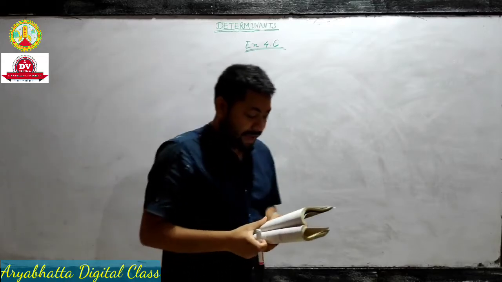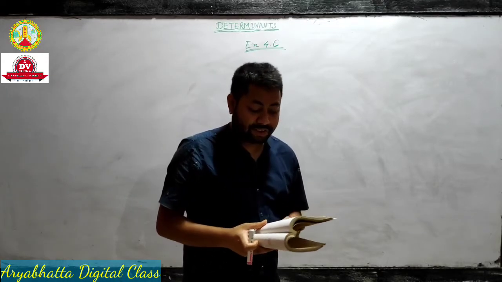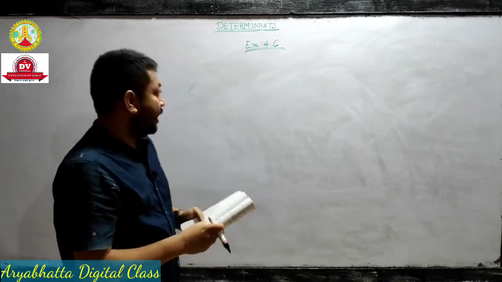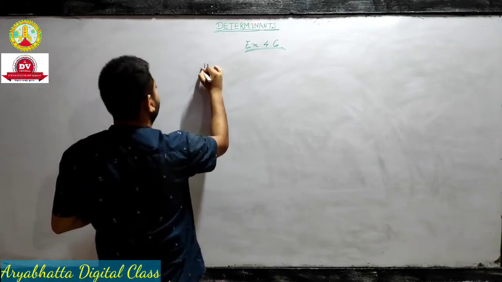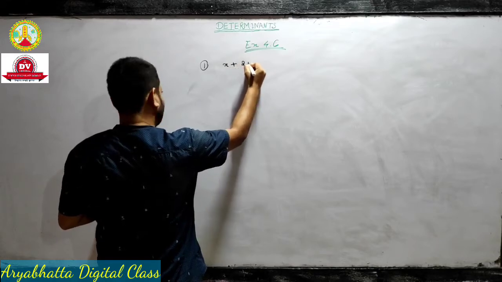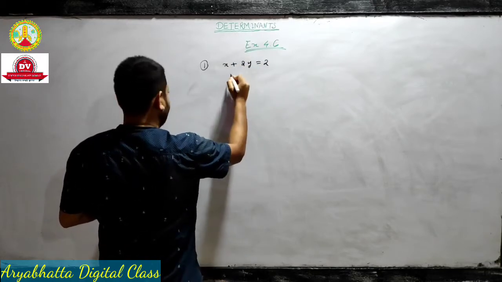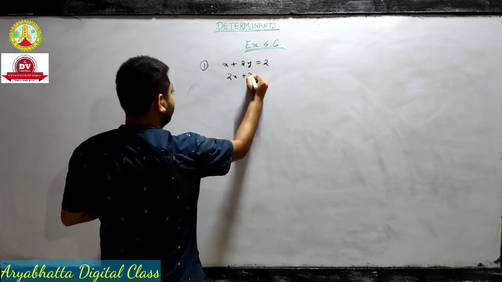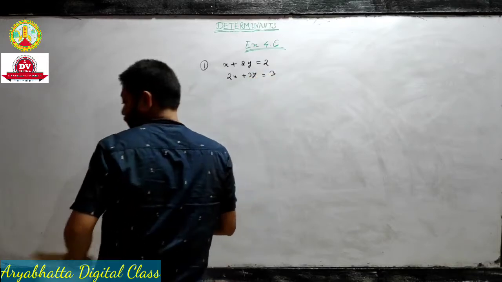First question: examine the consistency of the system of equations. Question number 1: given x plus 2y equal to 2, 2x plus 3y equal to 3.